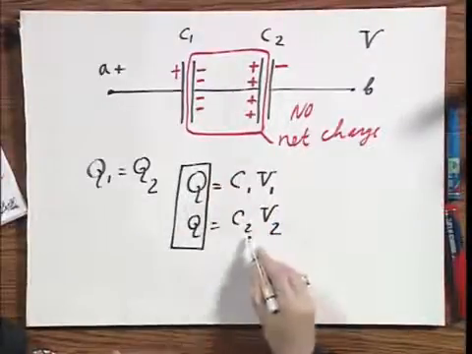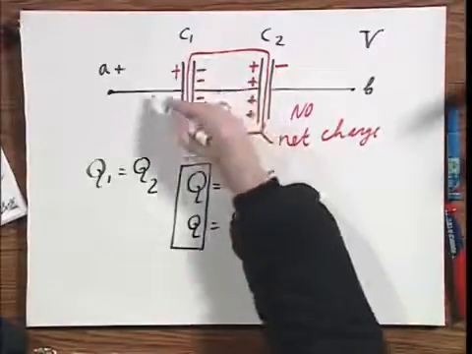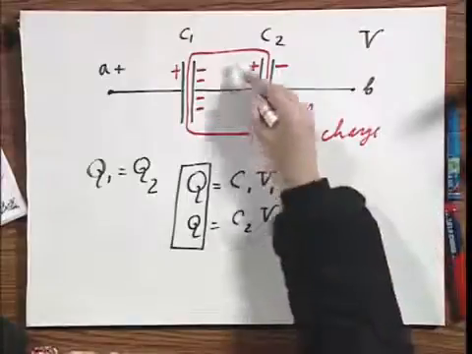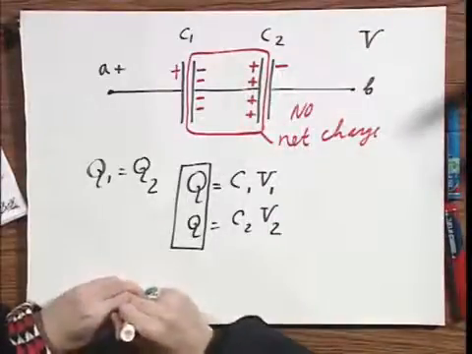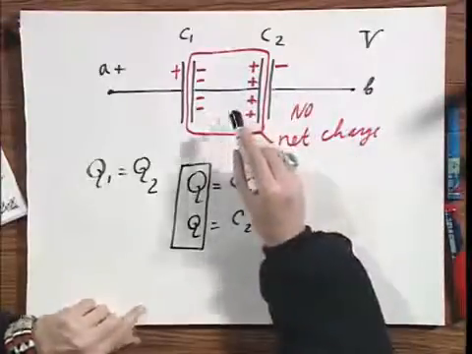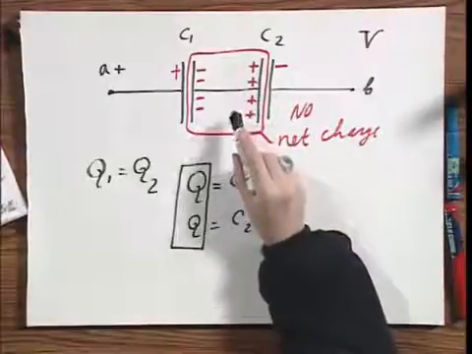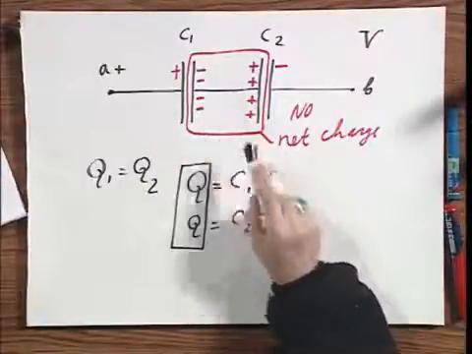Since C1 is not the same as C2, the potential difference over C1, which is V1, will be different from the potential difference over C2. So essential here is that the Q is the same in each case, but not the potential difference.